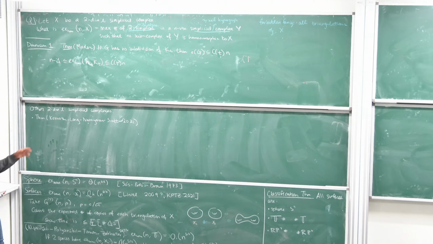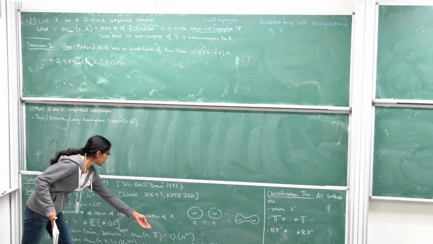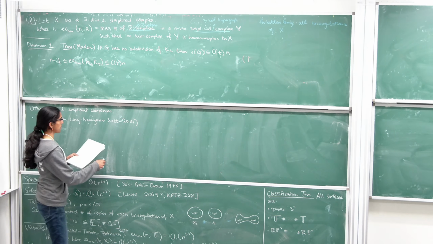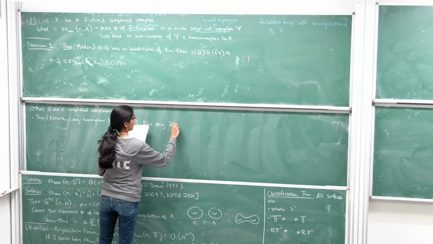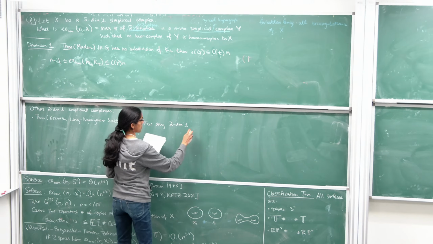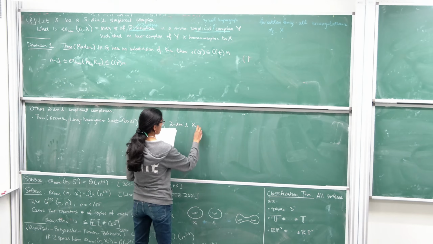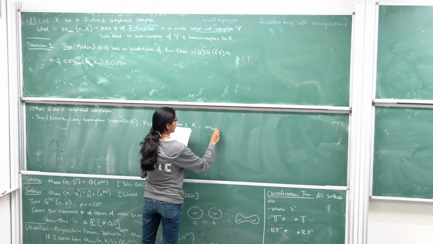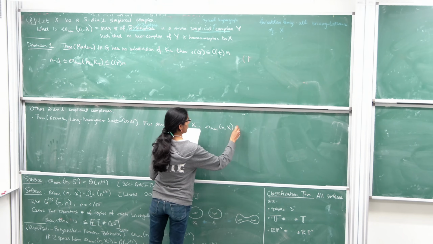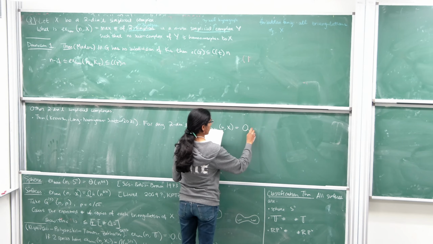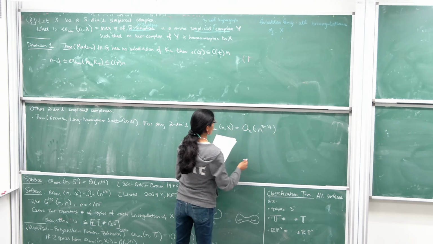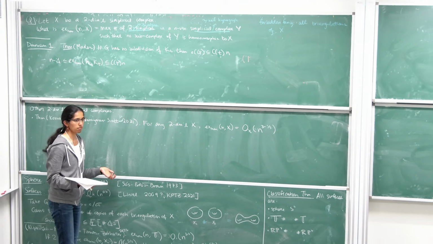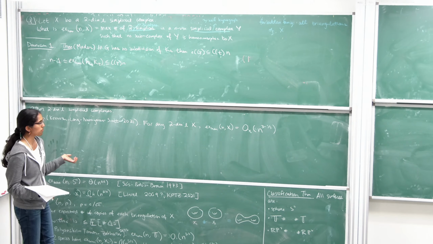there's actually a universal exponent, so a bound like this for any arbitrary space X. So for any two-dimensional simplicial complex X, we have that the exponent is at most 3 minus 1/5.